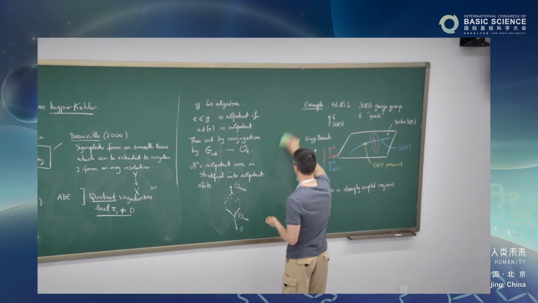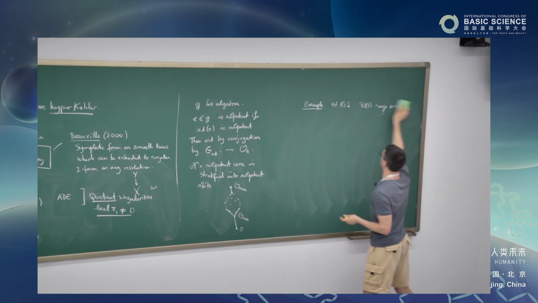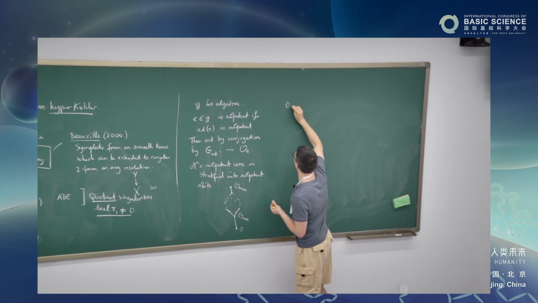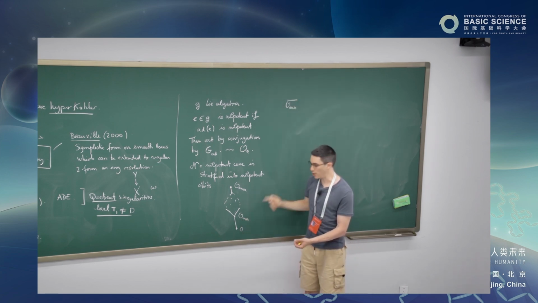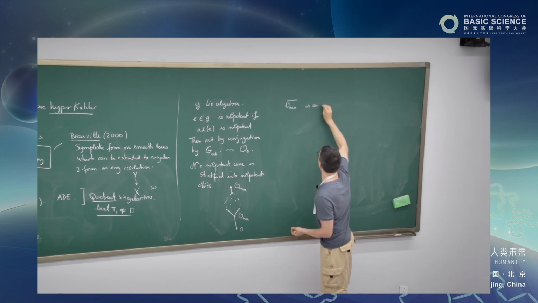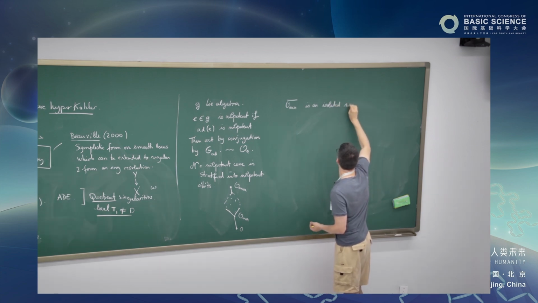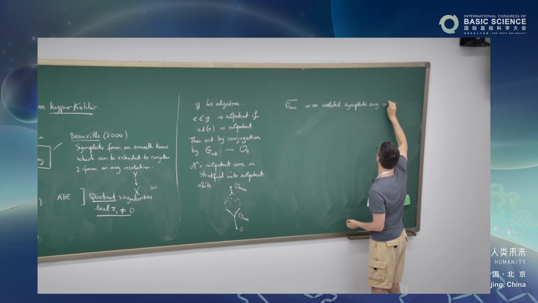So should I erase that? So O min. I put the closure because I want to include the singularity. The O min technically doesn't have a 0. So the closure of O min is an isolated symplectic singularity with pi 1 equals 0.